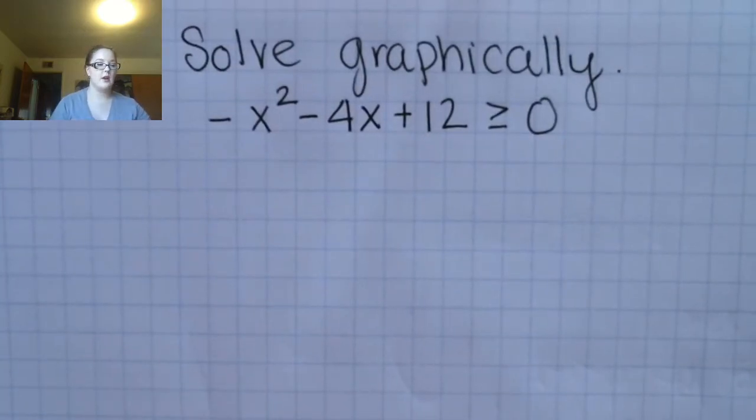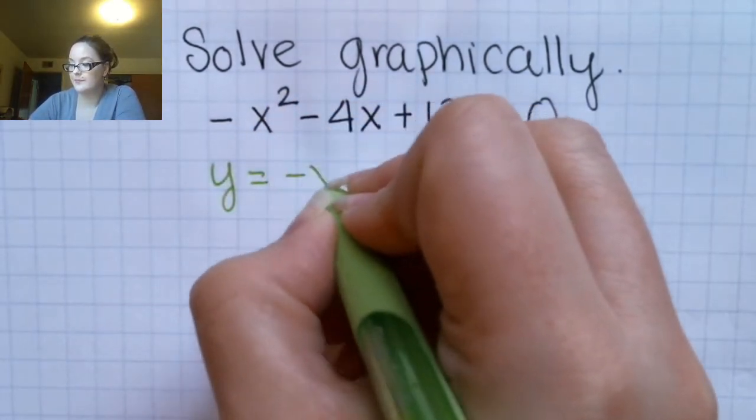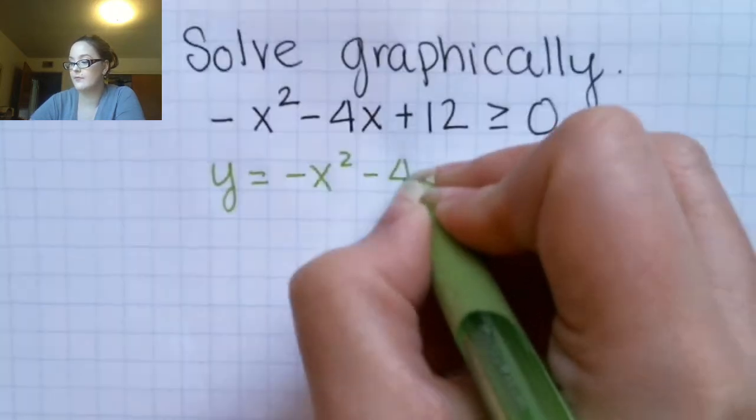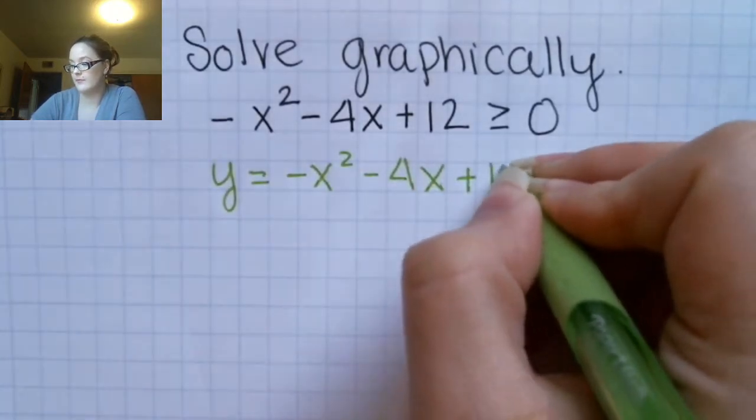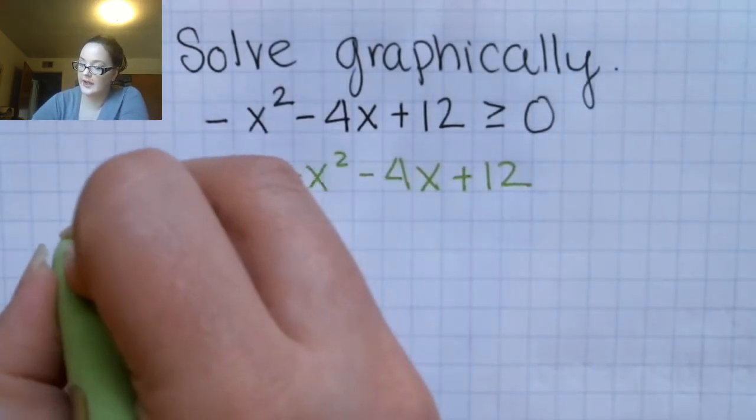Okay. All right. So what we're going to do is we are going to graph the related equation, which is this. Okay. Now I'm going to graph this using the x-intercepts.